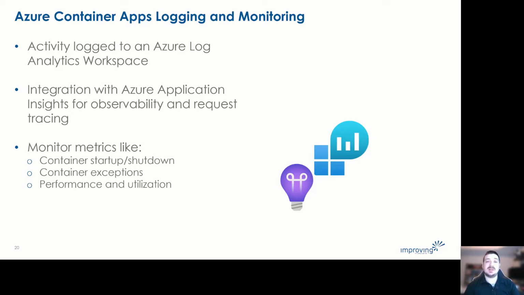So you can trace as containers come up, go down, as things scale out or scale back. Container exceptions, if you've got some problems or you're catching exceptions inside your containers, you have visibility to those in log analytics, as well as performance and utilization counters for those containers.